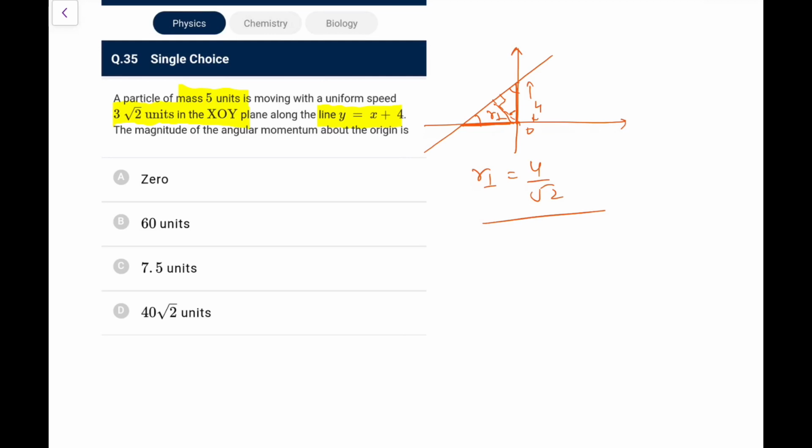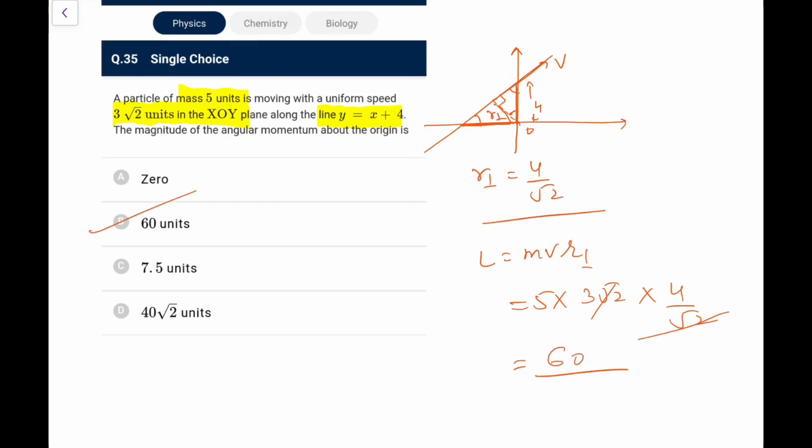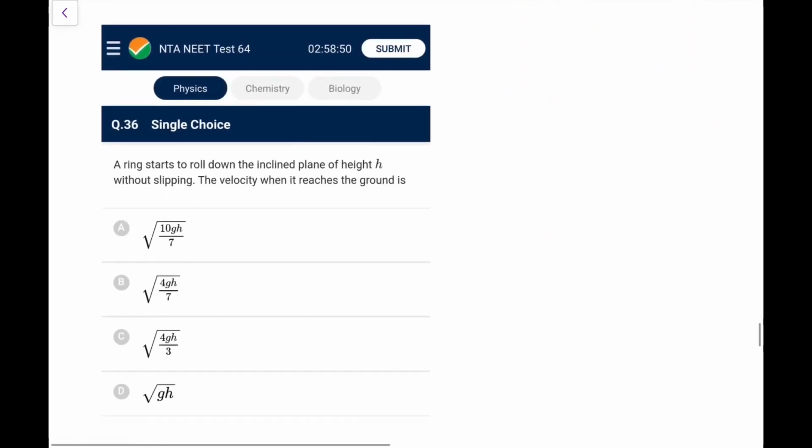Maths students can do it by some other formulas as well, but you can do it by this. This is the r perpendicular and this is the velocity's line of action, so L would be m v r perpendicular: 5 units, v is 3 root 2 units, r perpendicular is 4 by root 2 units, so 3 4s are 12, 12 5s are 60 units. Go for option B. You must have done such questions, I suppose.